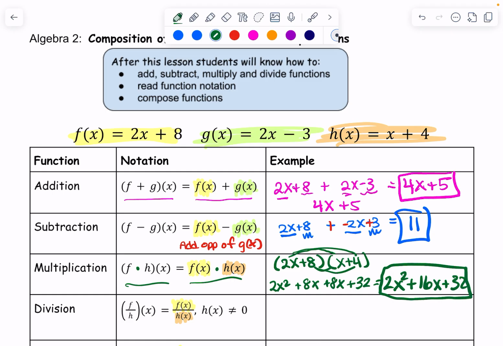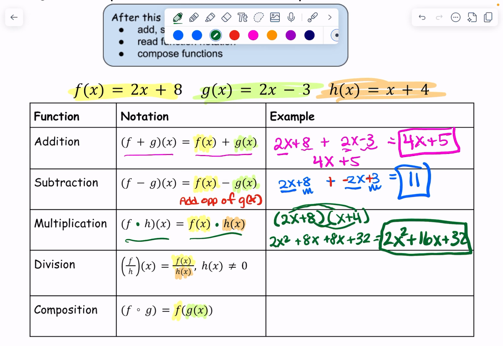Now, division is kind of interesting because with division, we're really just putting the functions on top of each other, and then we're going to see if there's anything in common, right? But we're always going to assume that whichever function we put on the bottom cannot be 0 because we cannot divide by a value of 0.